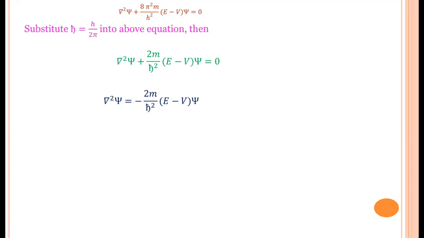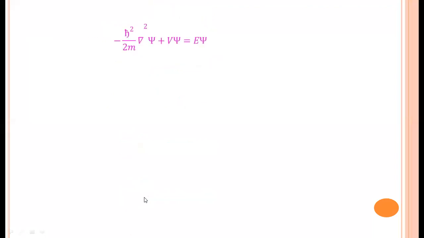Also, when this (2m/ħ²)(E − V)ψ is moved to the right side, that is (ħ²/2m)∇²ψ is equal to minus (E − V)ψ. After expanding this equation, minus (ħ²/2m)∇²ψ + Vψ is equal to Eψ, where E is taken as common.